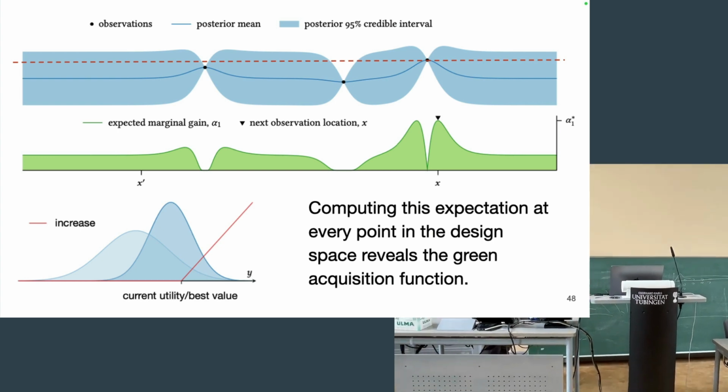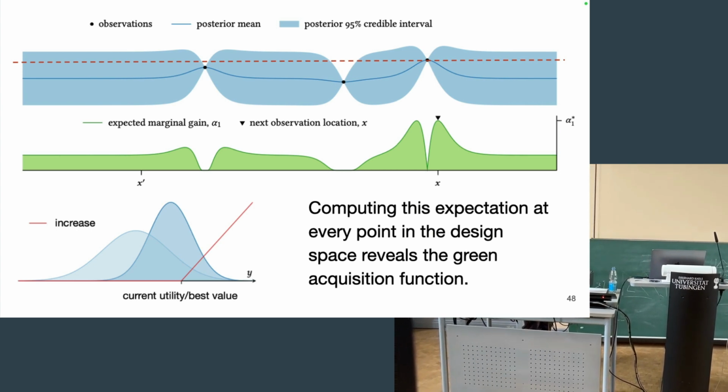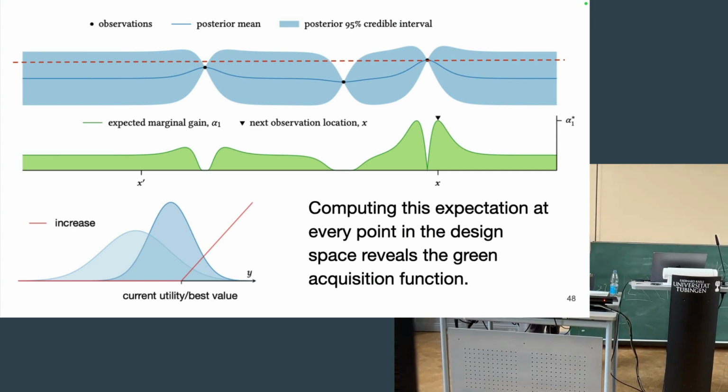And now to compute this green curve, to compute this acquisition function, I'm going to be taking an expectation of the improvement in the utility, which is the piecewise linear function, with respect to these Gaussian distributions. And just eyeballing it, you can kind of see that the darker distribution is going to have a higher expectation because it has more mass in the region where I'm making improvement.